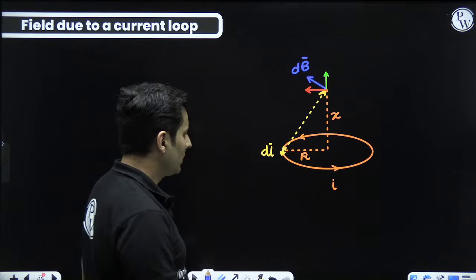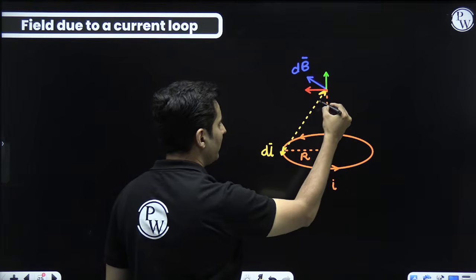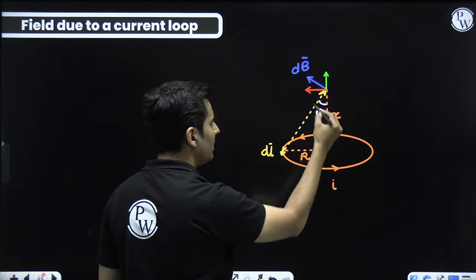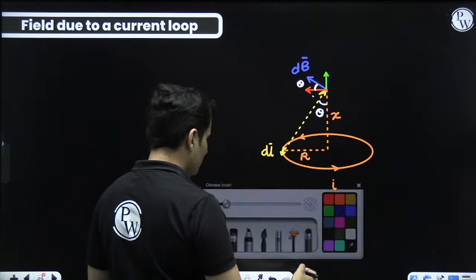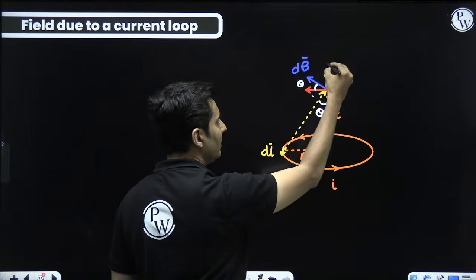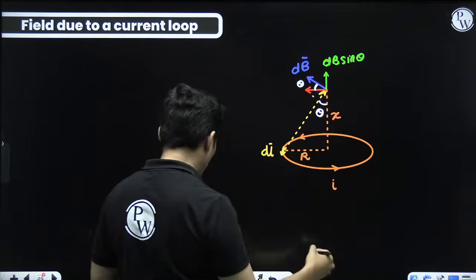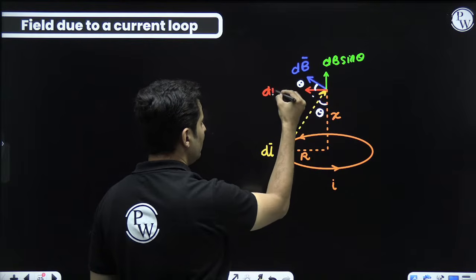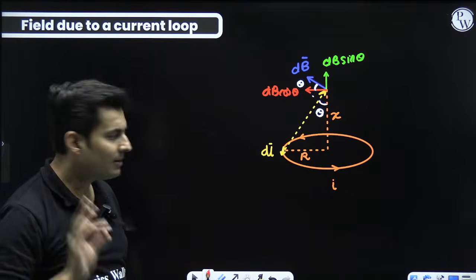So if you notice over here, if this particular angle is theta, this is 90 minus theta, this is also going to be theta. So that component which is here will be dB sin theta, and that component which is here will be dB cos theta. Okay, perfect, everybody.